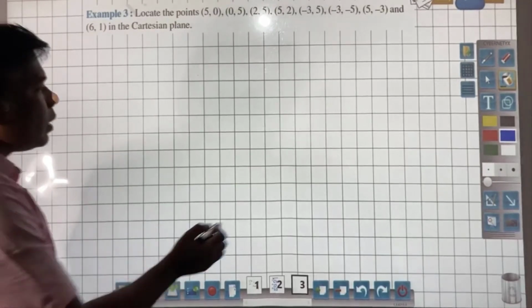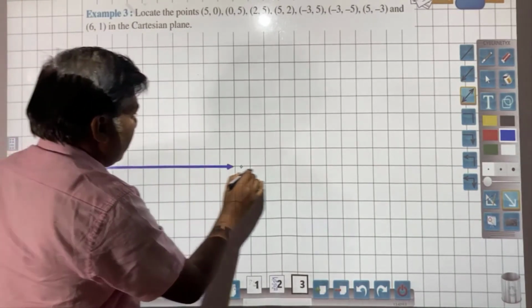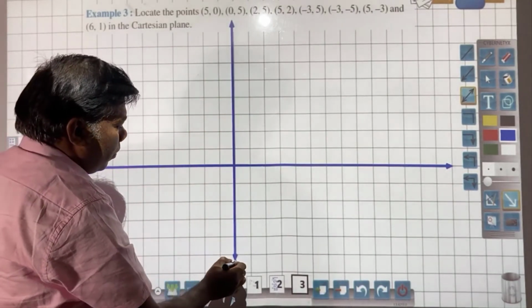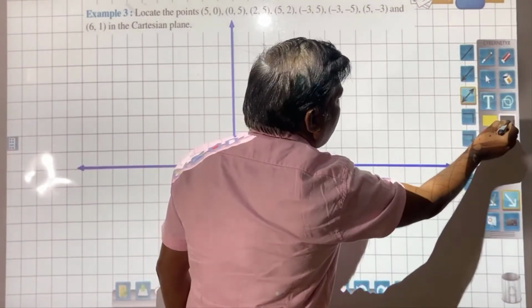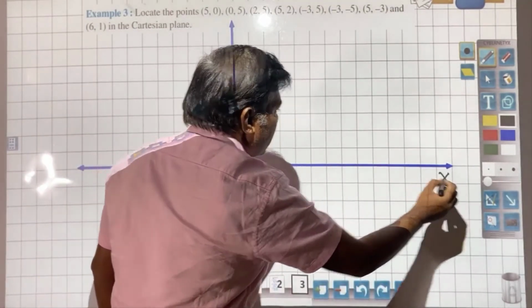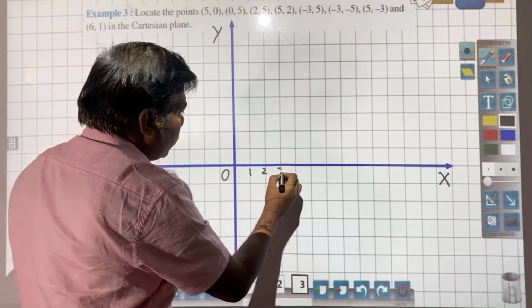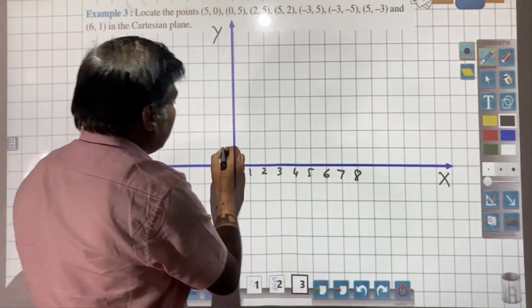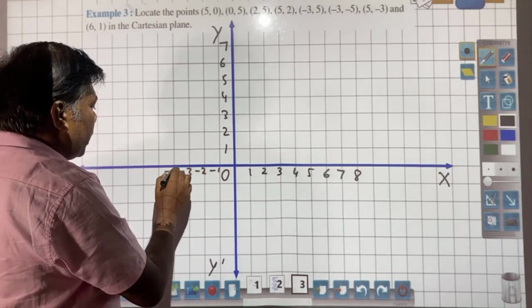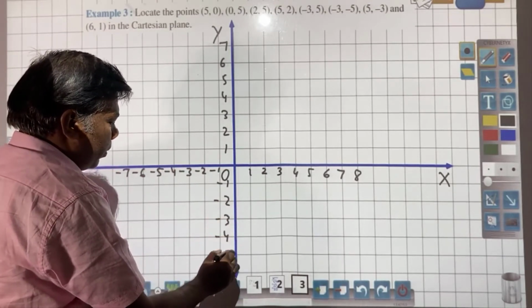Suppose we plot the x-axis and y-axis. Suppose this is O, this is X, X dash, the x-axis, Y and Y dash, the y-axis. 1, 2, 3, 4, 5, 6, 7, 8. 1, 2, 3, 4, 5, 6, 7. -1, -2, -3, -4, -5, -6, -7. -1, -2, -3, -4, -5 and so on.